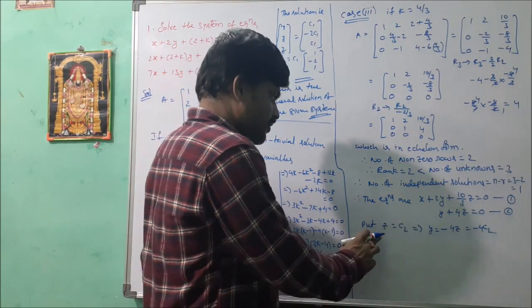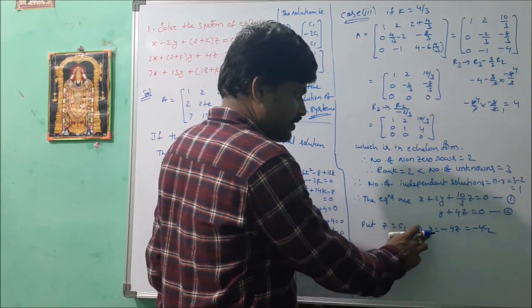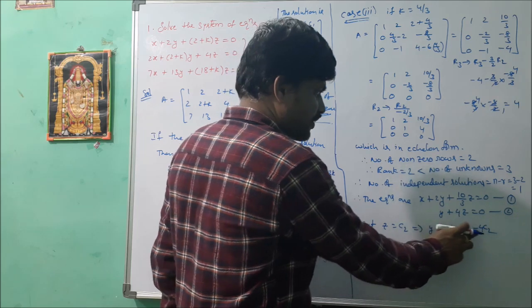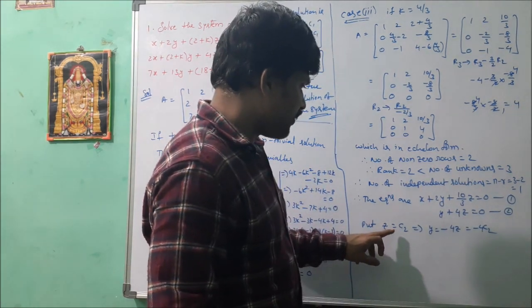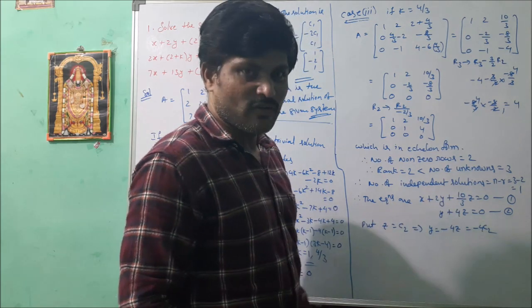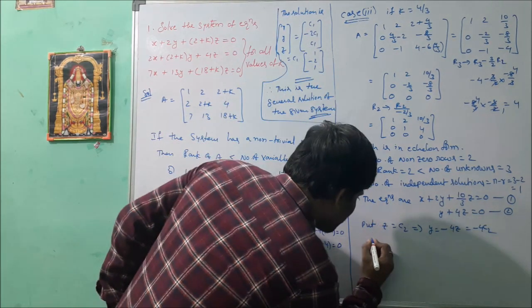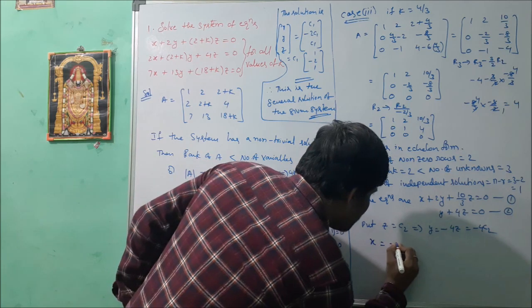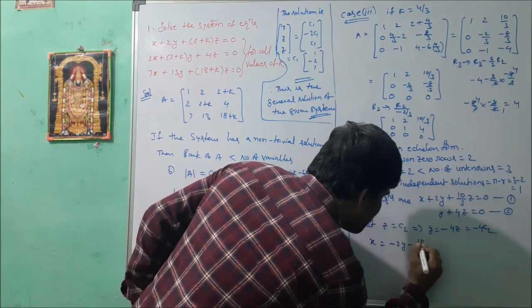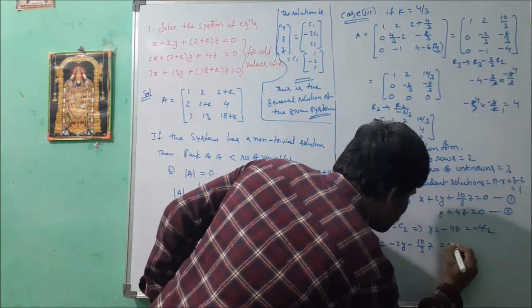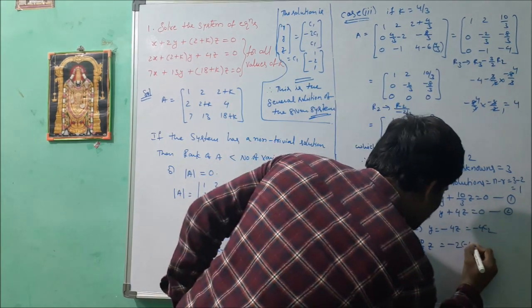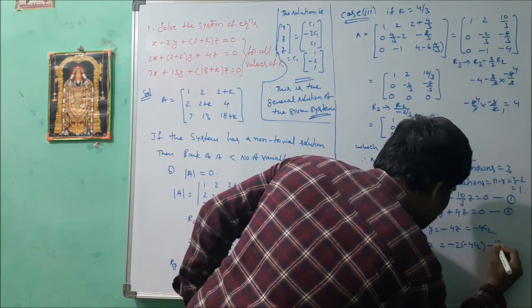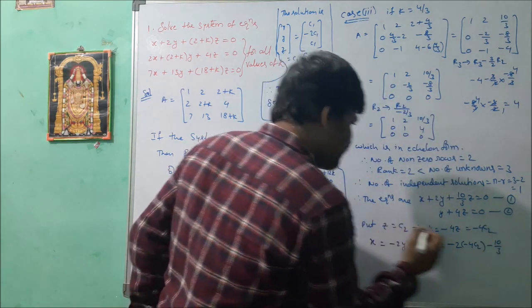Now here we take z equals to C2, then the value of y equals to minus 4z, that equals to minus 4C2. Now here substitute the values of z and y in this equation 1. Now here the x equals to minus 2y minus 10 by 3z, that equals to minus 2 into minus 4C2 minus 10 by 3 into z value is C2.